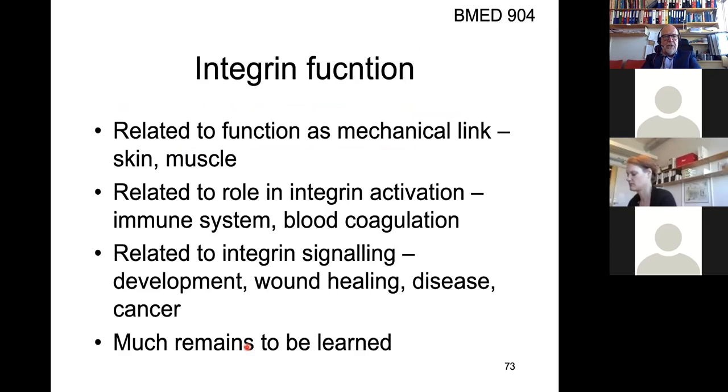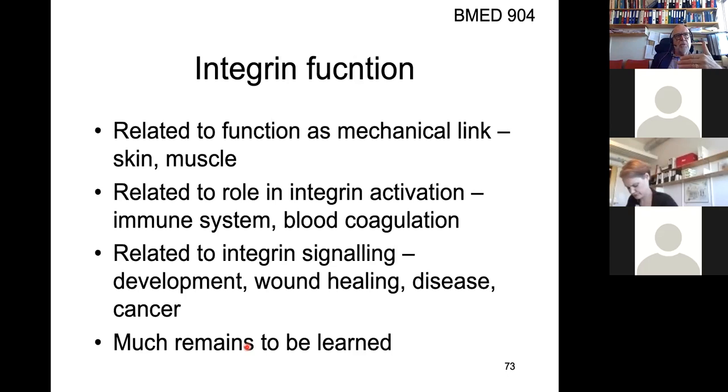Integrin function is important in particular in blood coagulation and the immune system when we talk about integrin activation. Those are two prime examples where regulating integrin activity is important for integrin function. And a lot of functions related to integrins have to do with their signaling function.